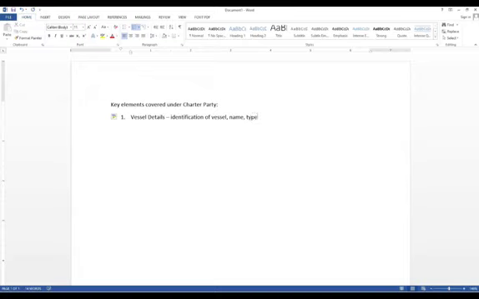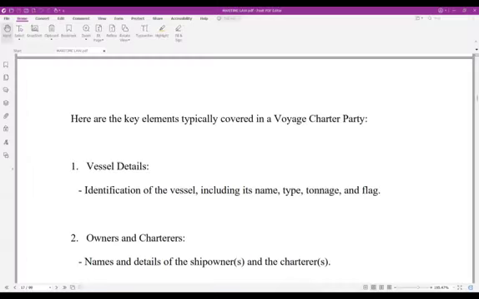You must be able to identify that this vessel belongs to me, this is mine, with the name boldly written on it, and what type is it? The tonnage and the flag raised. The next is owners and charterers.